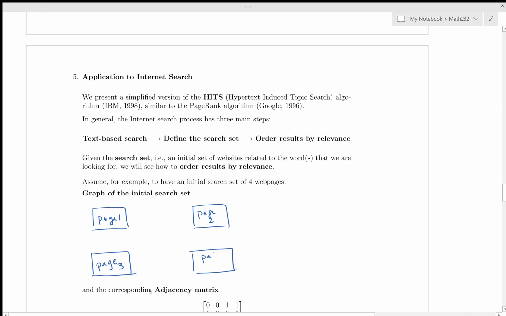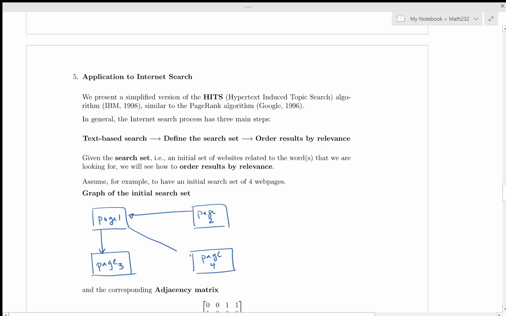Those are our 4 websites. Then we do a search, and we notice that page 1 refers to page 3 and page 4, so the arrows are indicating it this way.